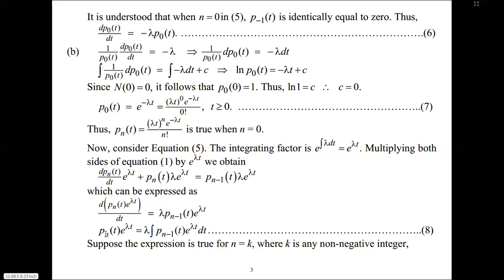So we have P of n e raised to the power lambda T equals the right-hand side of equation 8. So first of all, we assume that equation 8 is true for n equals k.